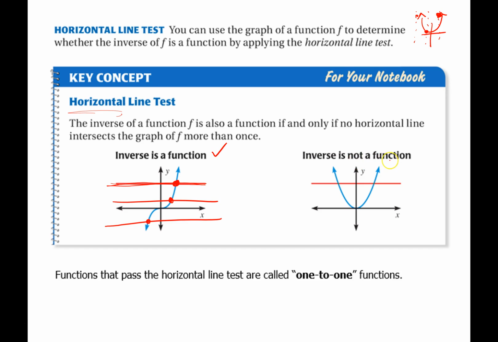Now, the inverse is not going to be a function if it fails the horizontal line test, meaning that the horizontal line touches the function in two or more places. That means the inverse, when we flip it, is not going to be a function. The graph can be called one-to-one if it passes the horizontal line test. If it fails the horizontal line test, it is not a one-to-one function.